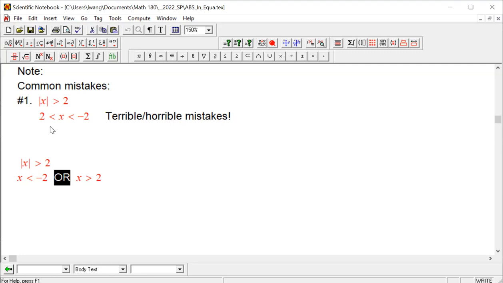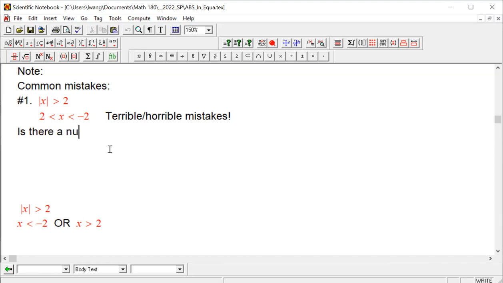And the second, right? On the other hand, is there such a number, right? So when you write it down like this, then you should ask yourself, is there a number? I'm writing it down, okay?